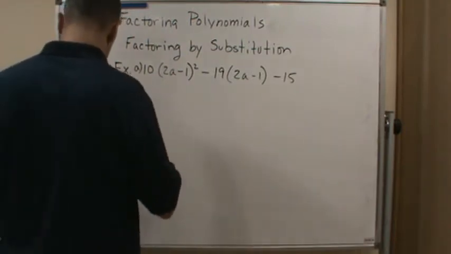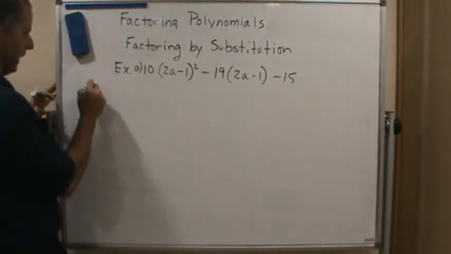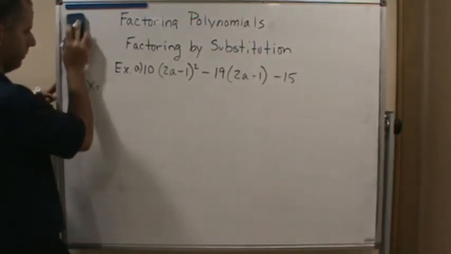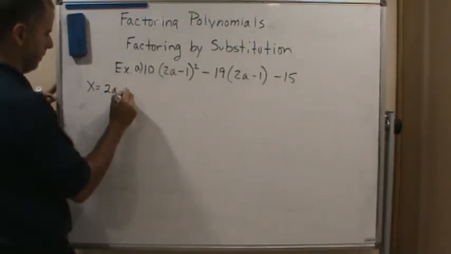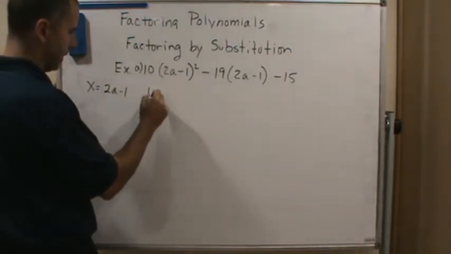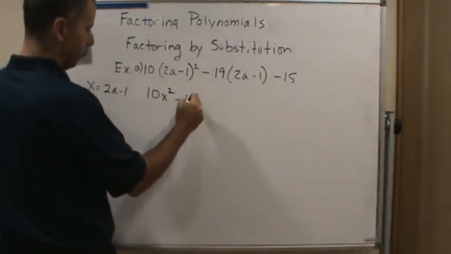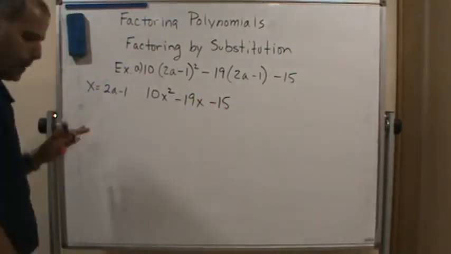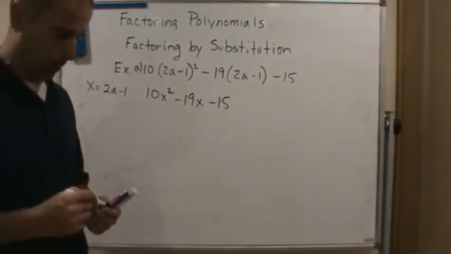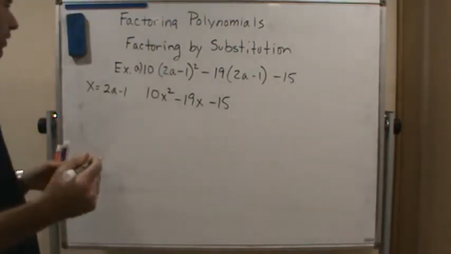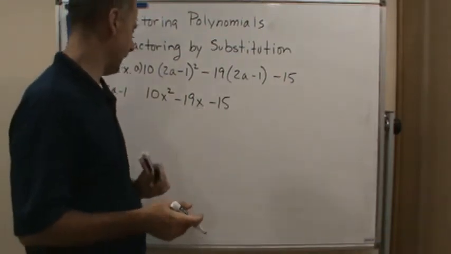So off to the side, let x equal 2a minus 1. And so if I substitute in for x, I get 10x squared minus 19x minus 15. And now I know what to do with this. Or it's a lot easier to see what I can do with this.